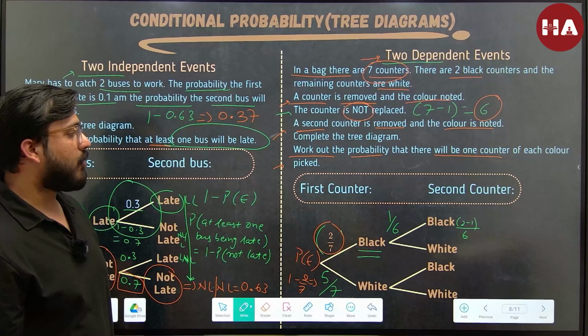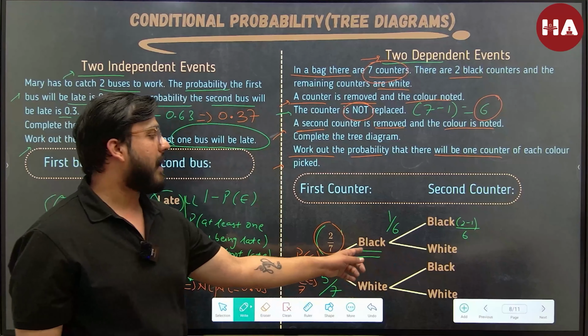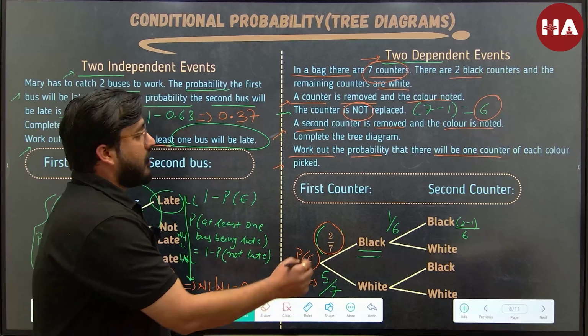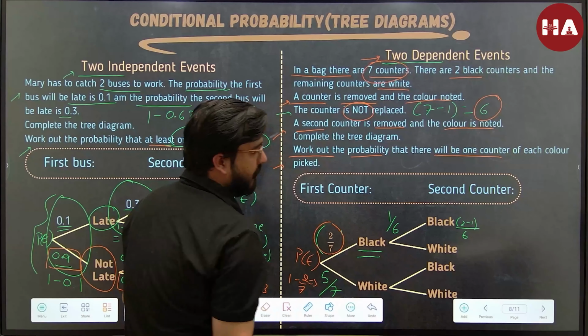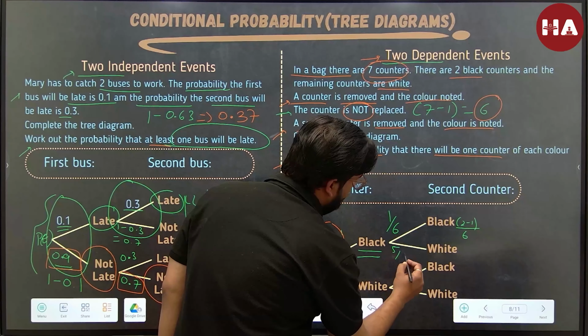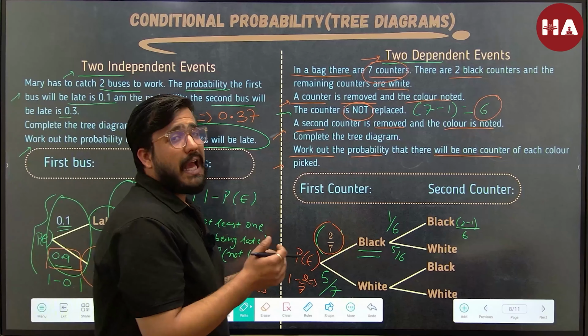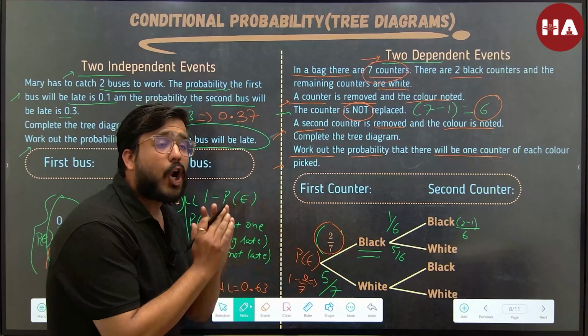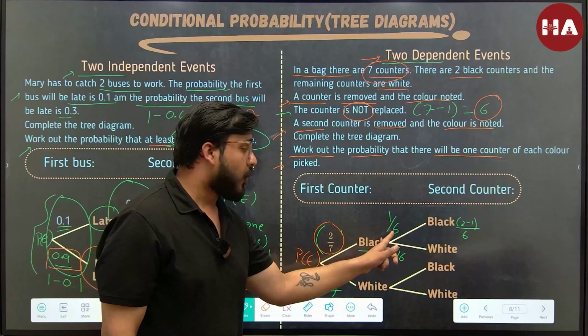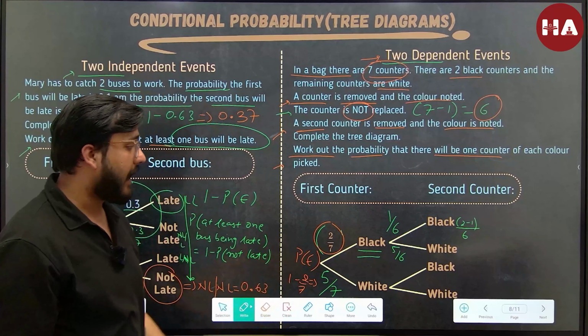Now moving forward, the probability of getting a white counter will be subtracted from 1, so this is coming to be 5/6. I hope you are getting that. We have taken one counter and not replaced it, so the total is affected by the number of counters that we have taken out.